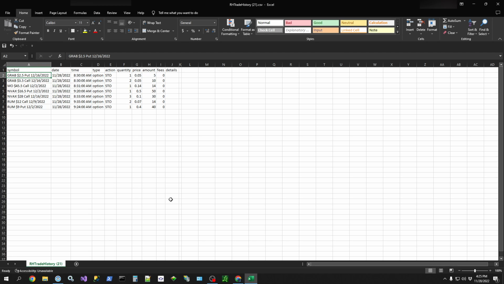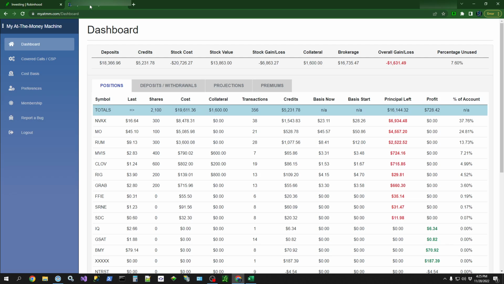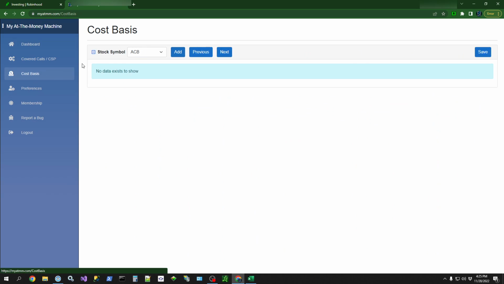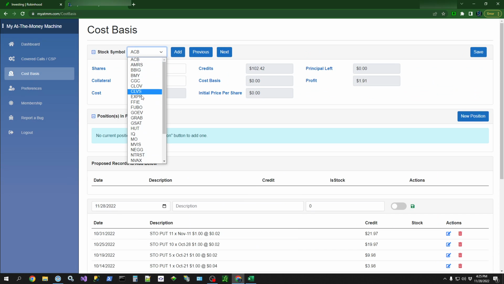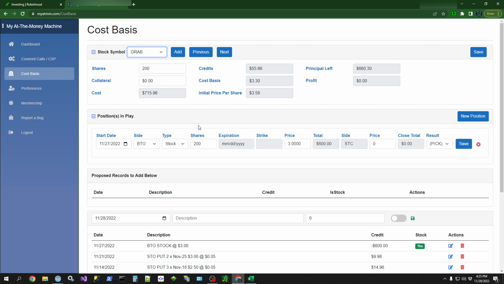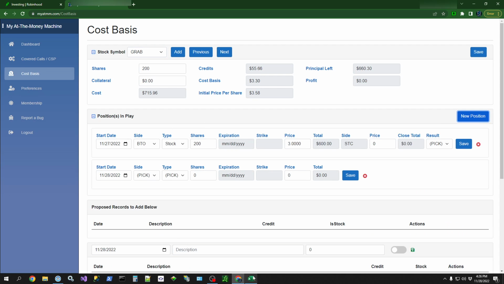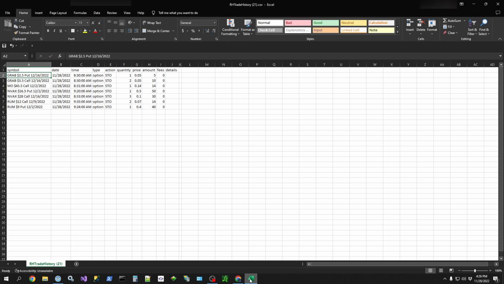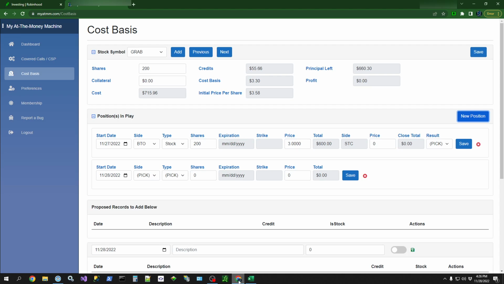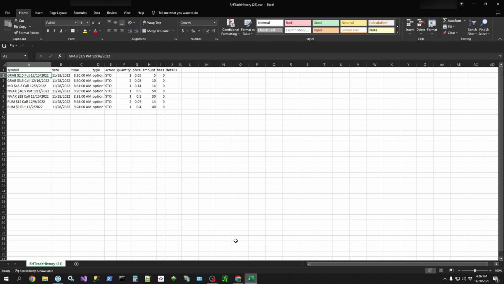The first one that executed is GRAB. So let's go over to myatmm and go to the cost basis for GRAB. This is a new position, a 250 put that expires December 16th. Sell to open, put, one contract.